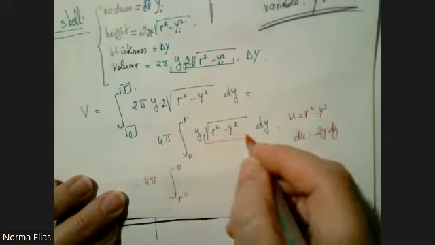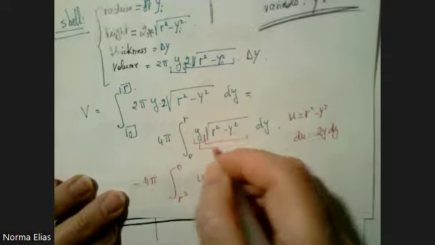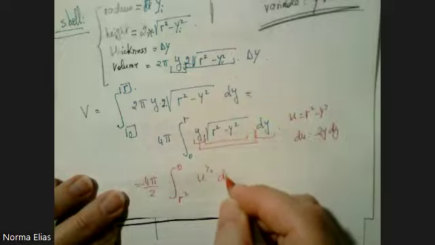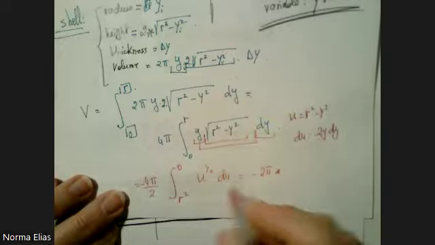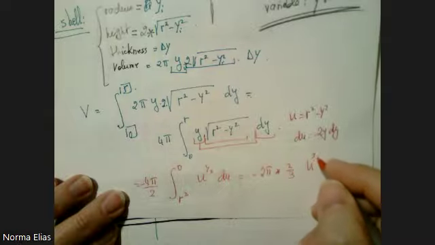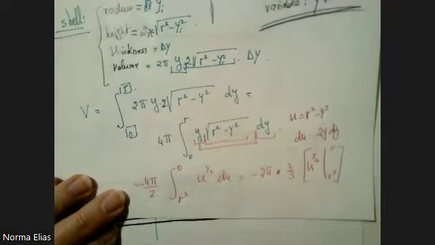And then this would be my u to the power of a half. The y dy is minus that du. So I will have minus 2 pi times 2/3 u to the power 3/2 between r squared and 0.